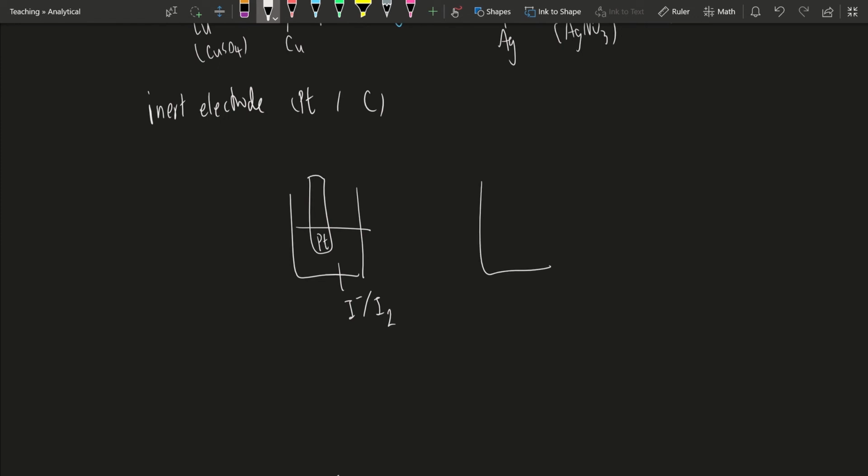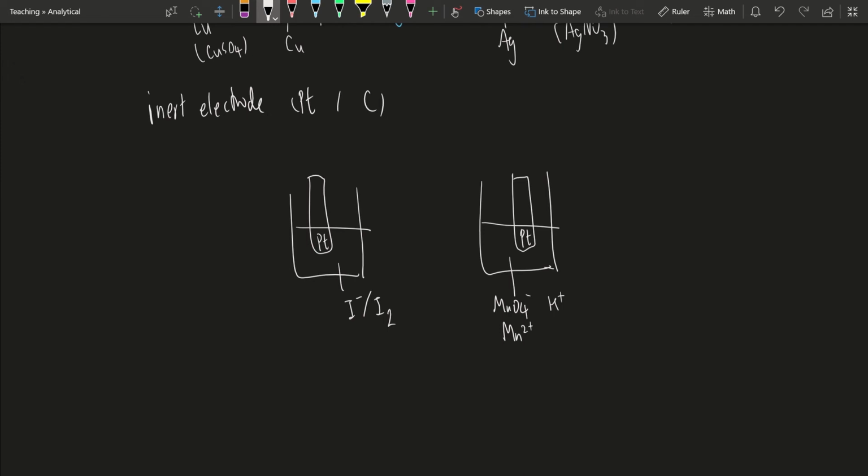And then another half cell, so this is a solution again. And then here you have a mixture of permanganate ion, manganese 2, and proton. And you put another inert electrode, which is platinum. What I mean by inert electrode is that it cannot undergo any reaction too easily.